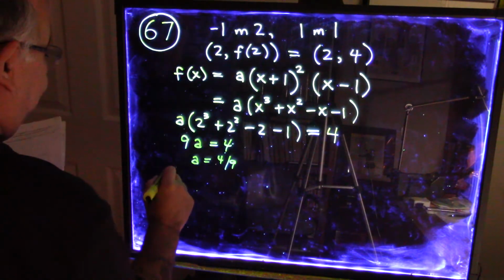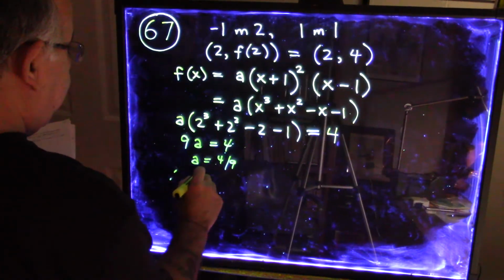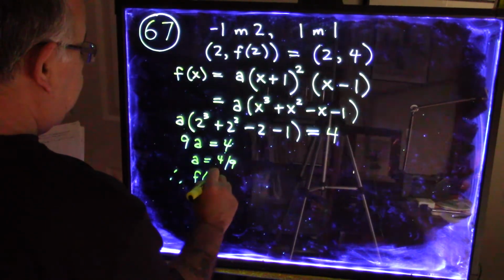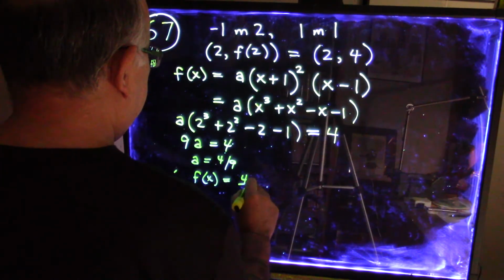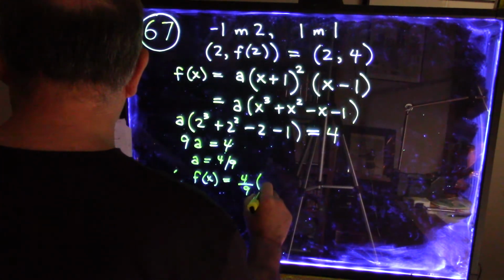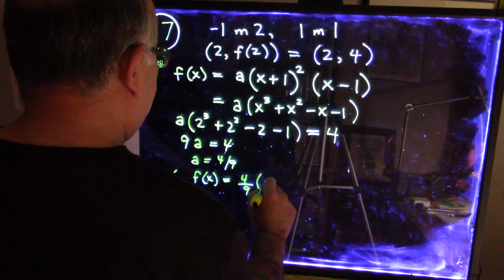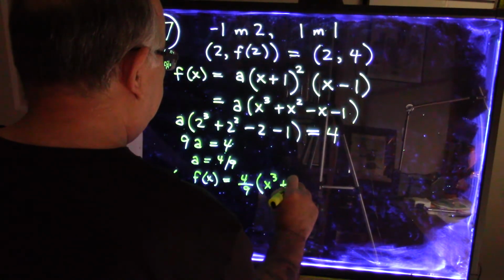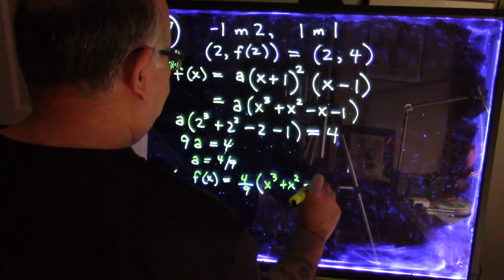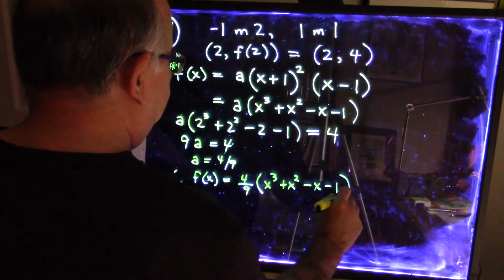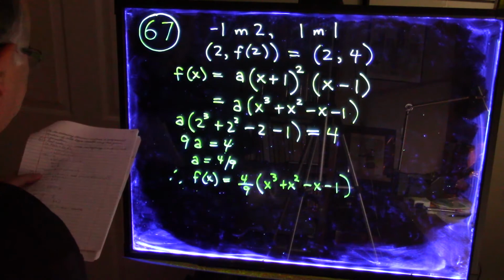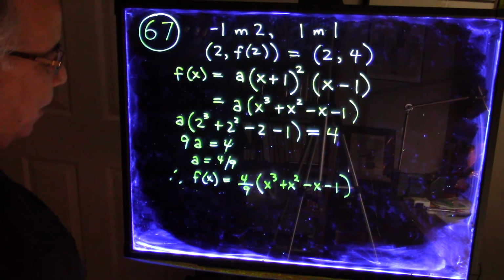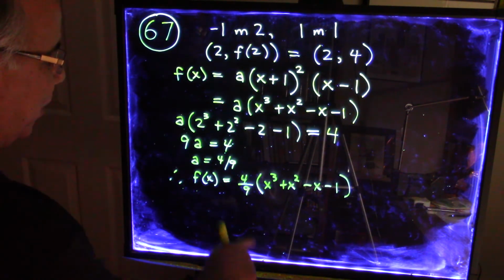Okay, so therefore f of x is equal to 4/9 times the quantity x cubed plus x squared minus x minus 1. You could multiply the 4/9 all the way through, but you know, why bother with that? We could just leave it like this.